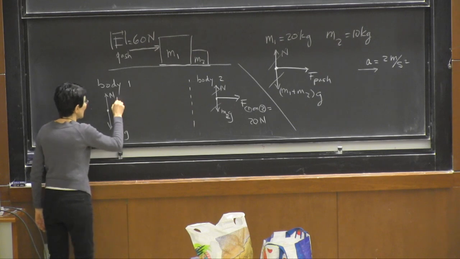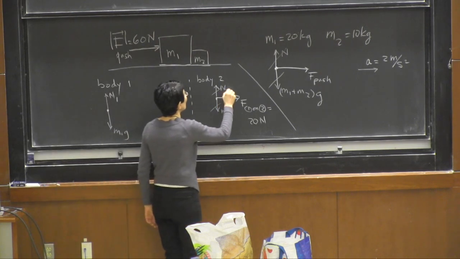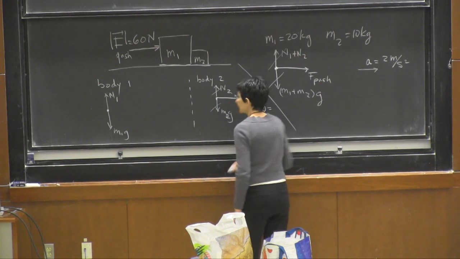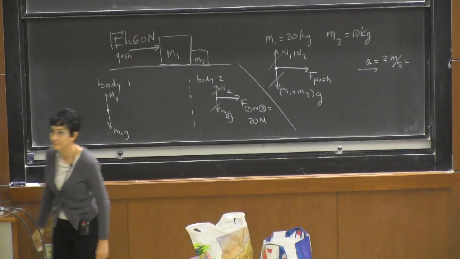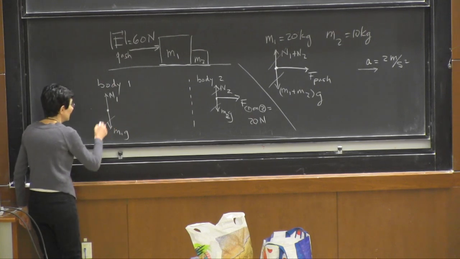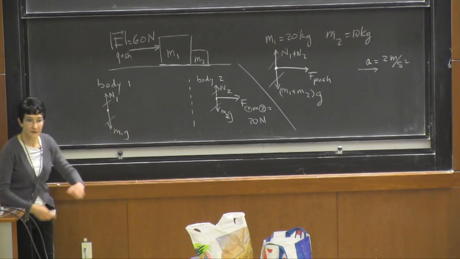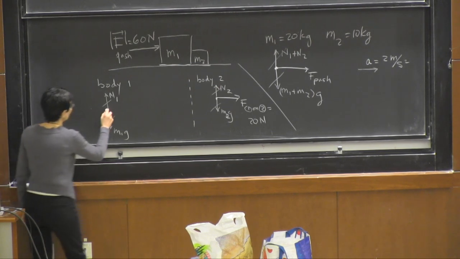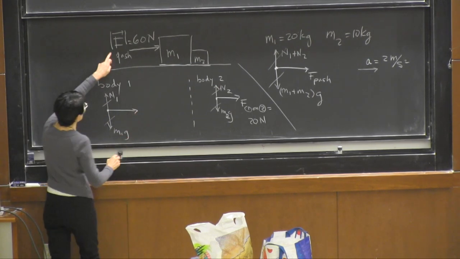I could call this N1, I could call this N2, and this would be N1 plus N2, right? In terms of magnitude. In any case, again, these two cancel each other. These bodies are not accelerated up or down. And here I have the F push.